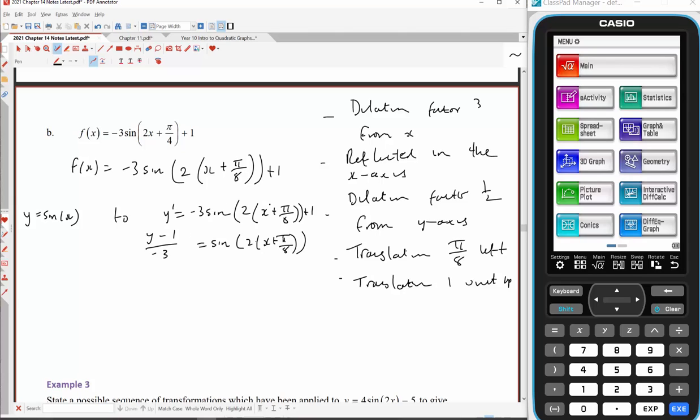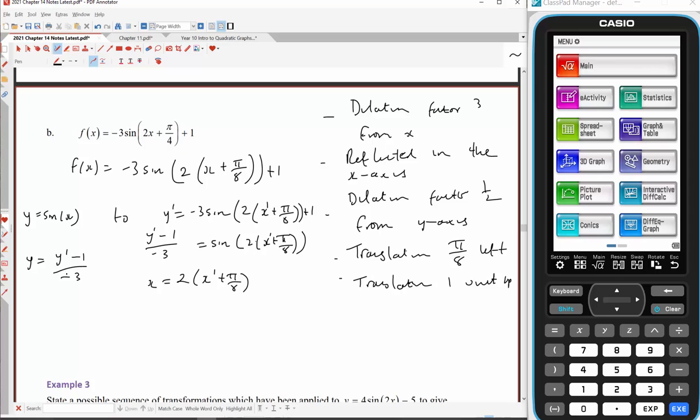Okay, also to make sure I don't get confused with my y's and my y dashes, the image gets dashed. Okay, so pair up the y's. Y equals y dash, take 1 over -3. X equals all of this, 2 x dash plus pi on 8.